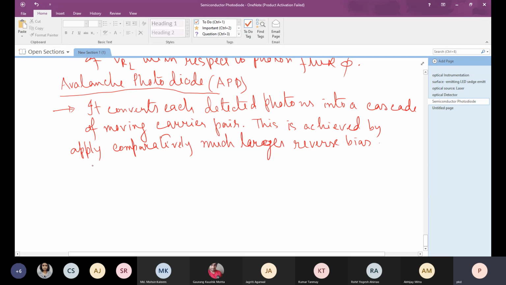So with larger reverse bias, the carriers acquire enough energy to knock down secondary carriers.